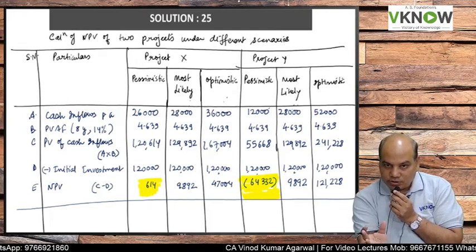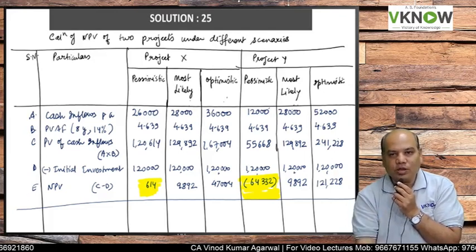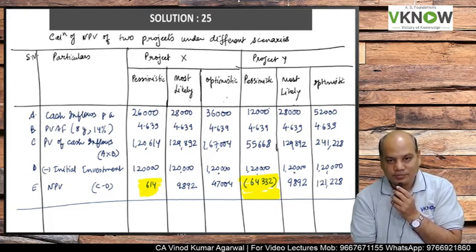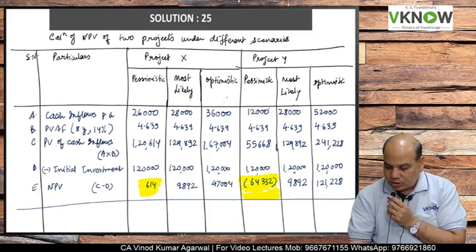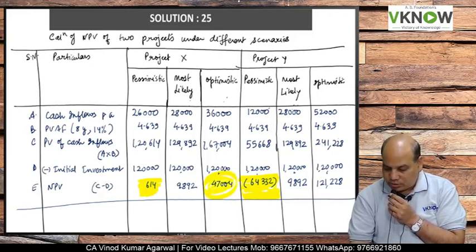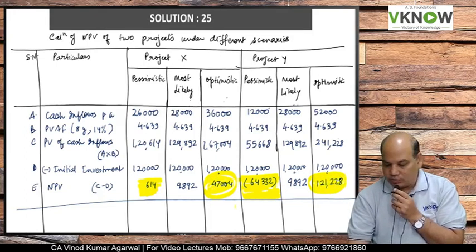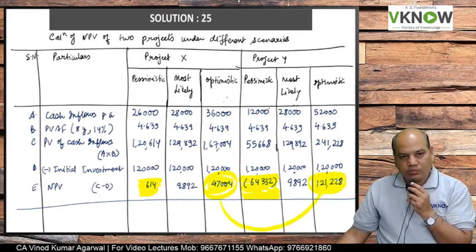Either it will be pessimistic or most likely or optimistic. You can't assign probability. It is a question on uncertainty. But if the optimistic scenario prevails, X will have lower NPV, but Y will have a very high NPV, which is almost not 5 times. Approx.